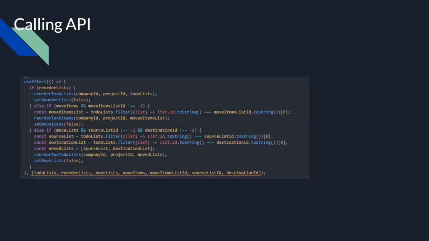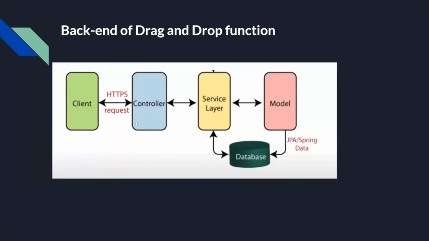So after the to-do list is updated, we use the hook to monitor the to-do list status. And when the to-do list is updated, we will call different operations, different APIs, to the backend. So this is our API's data flow.